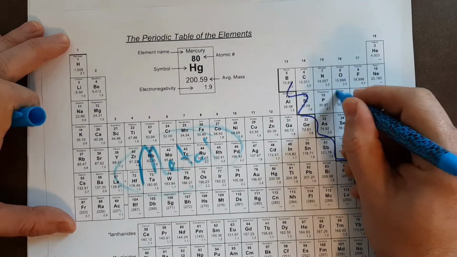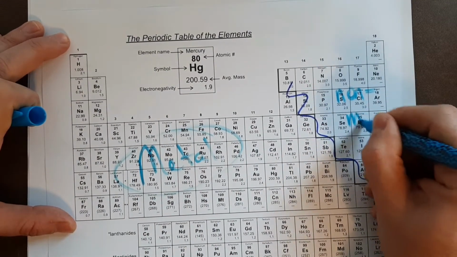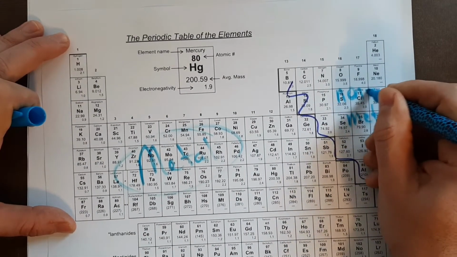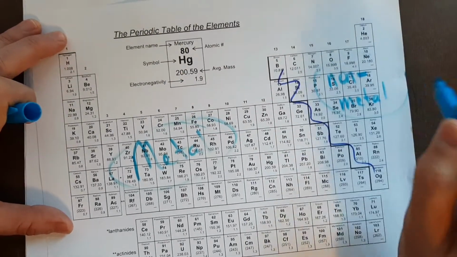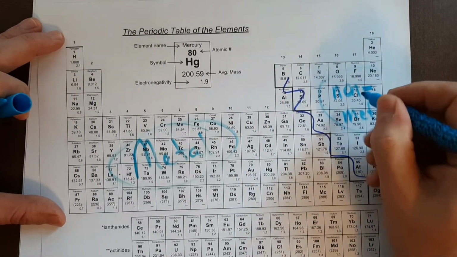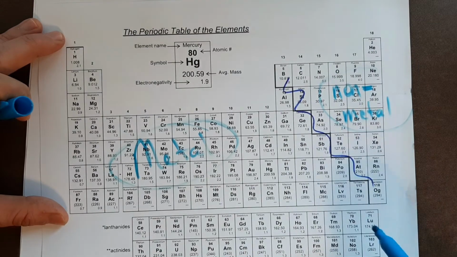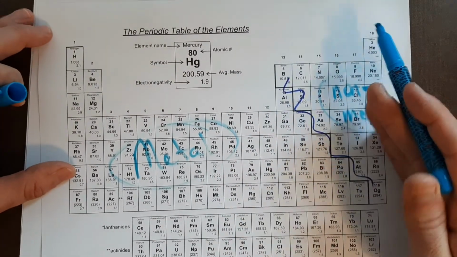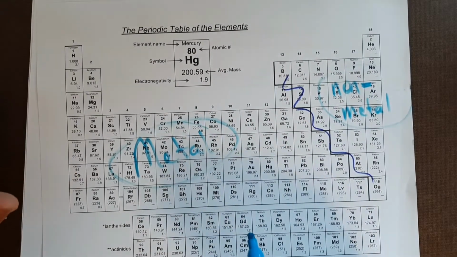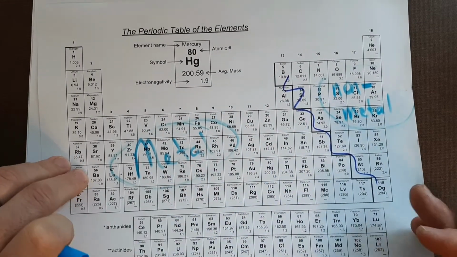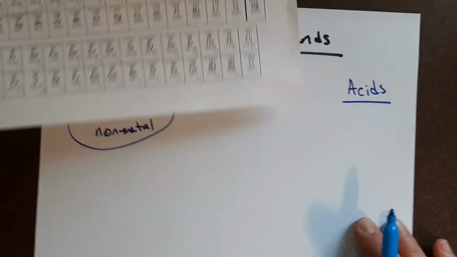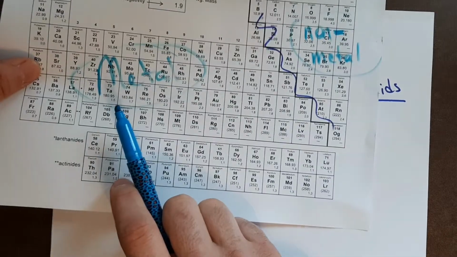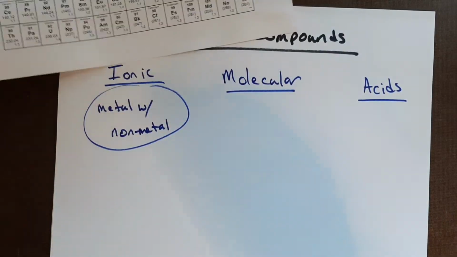Things on this side of it are called nonmetals. And things along it are called metalloids. Now that won't really be important for this distinction here. We just want to know, is it on this side or this side, to know whether it's an ionic compound. So if it's an ionic compound, it'll have something from this side, a metal combining with a nonmetal.